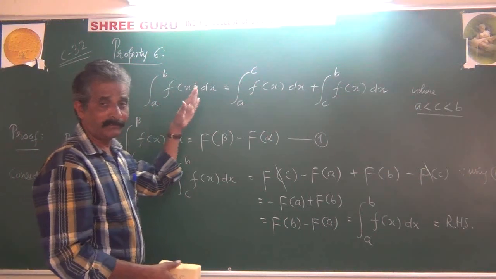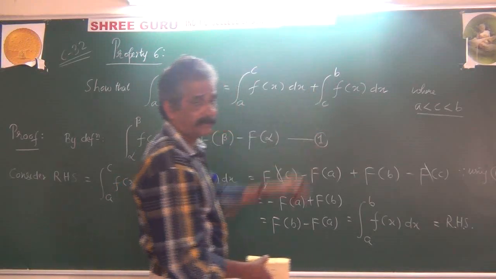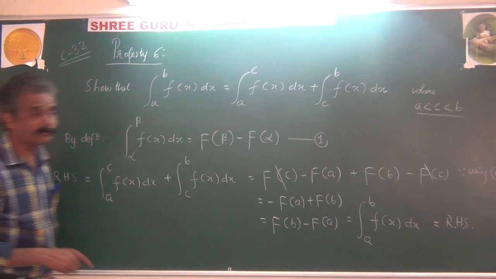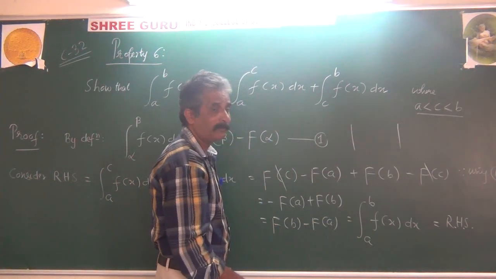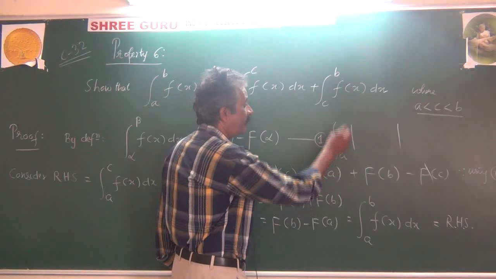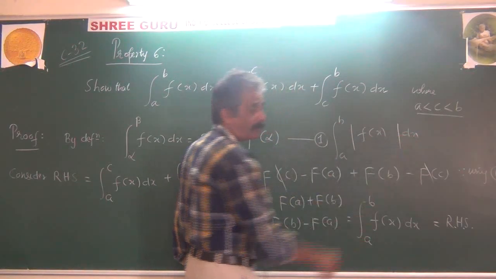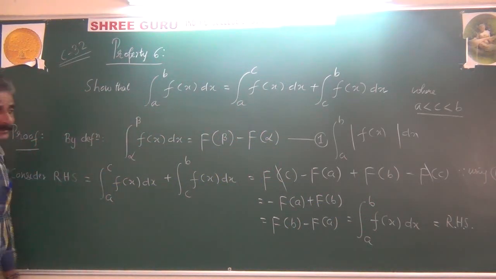This kind of property is very useful for questions involving modulus. Suppose you want to evaluate integration a to b modulus of f of x dx. For this kind of problem, we need to apply problem number 6.